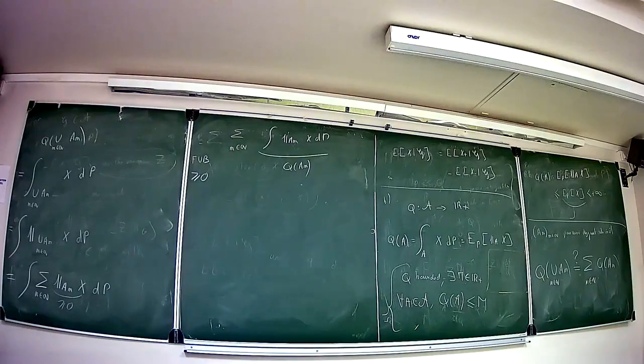We call it a measure in measure theory, a measure that is bounded because Q is less than a constant. We are not very far from a probability because, when you are bounded, it is sufficient to divide by Q of omega and you obtain a probability this way. It doesn't change anything to the sigma additivity.